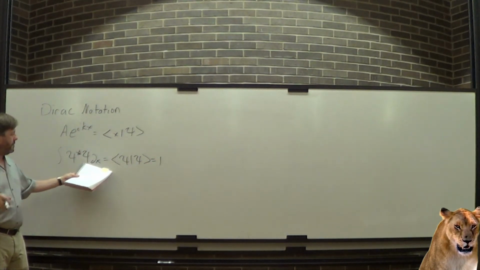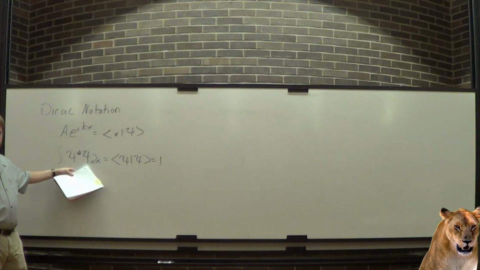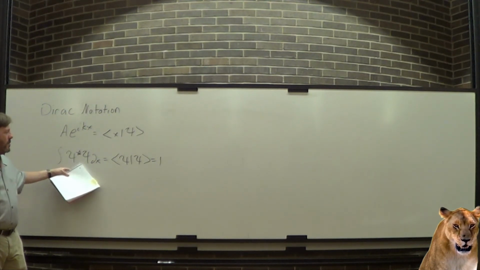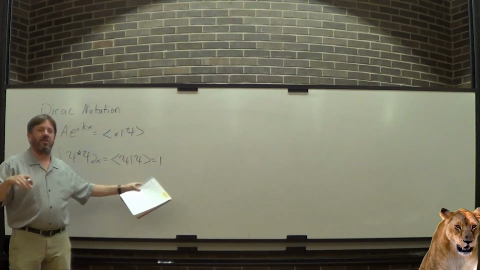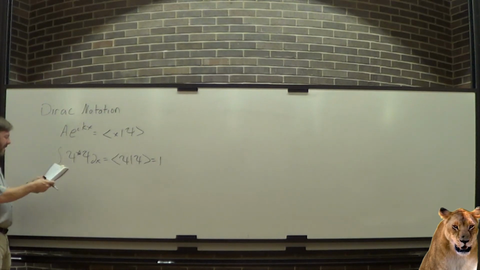You don't have to do e to the minus r over a naught sine theta, the square root of 1 over 4 pi, which, by the way, I think I actually got that right. Anyway, you don't have to actually do anything. When you see this, you just write 1. It's like a billion times easier.